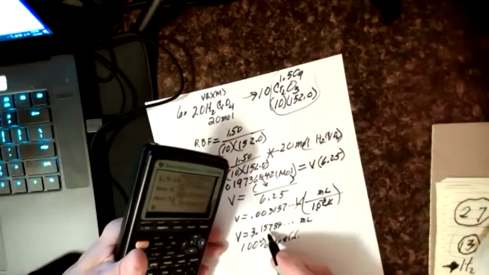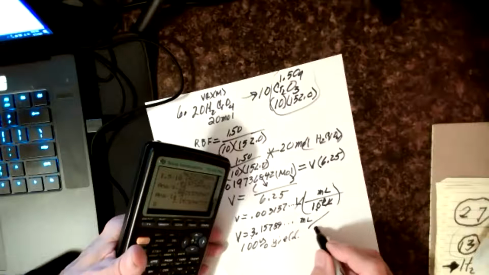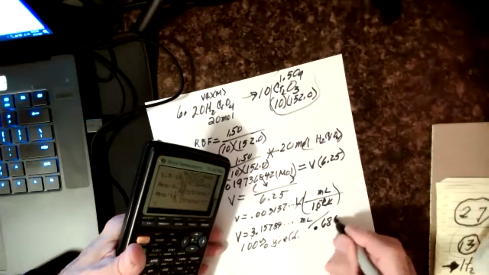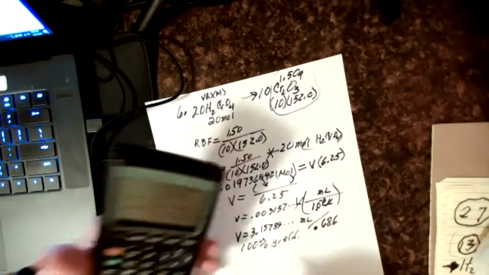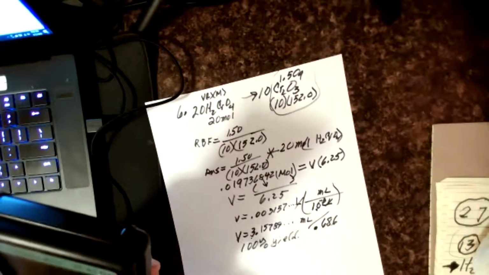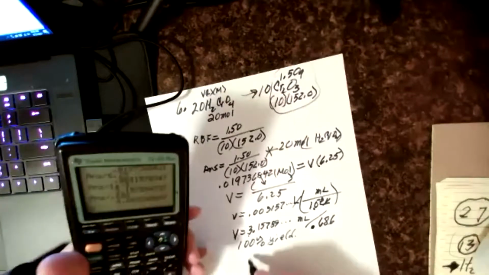So what I'm going to do is take this number and divide it by the decimal equivalent, 0.686, 68.6%. So when I do that, take that number and divide it by 0.686, I come up with what's listed as the right answer.